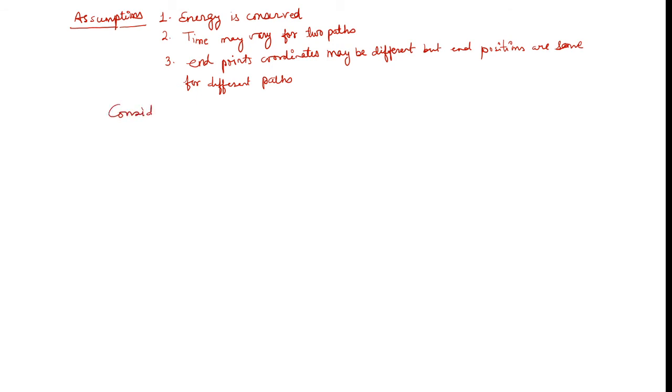Now consider a conservative system with actual path AB.